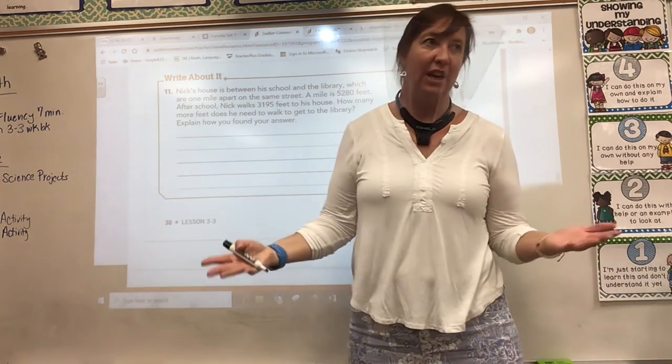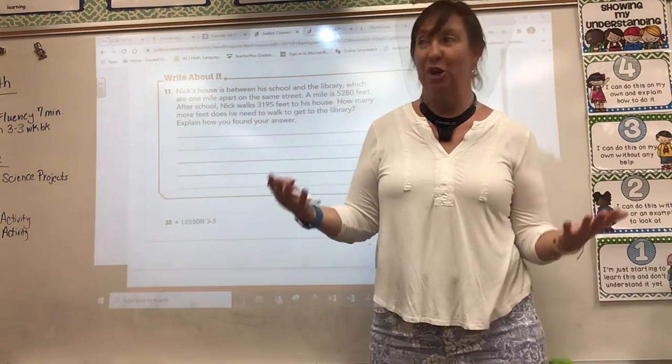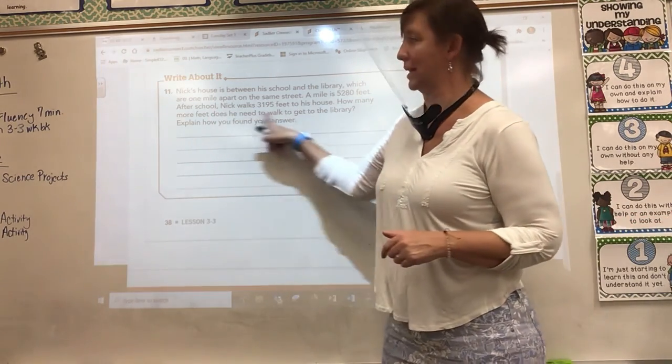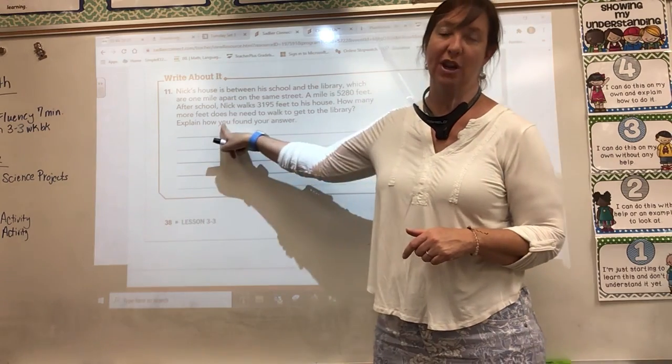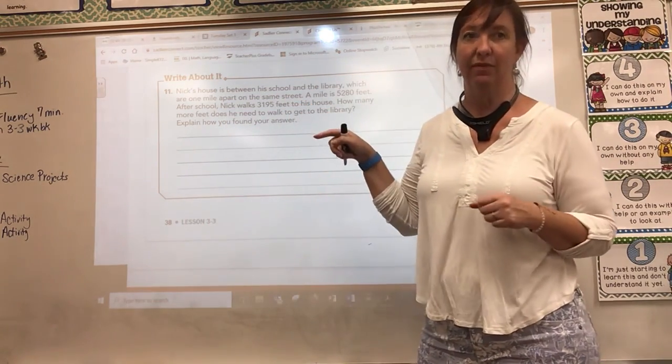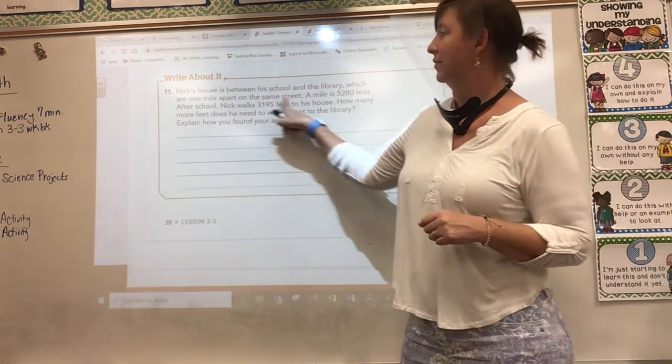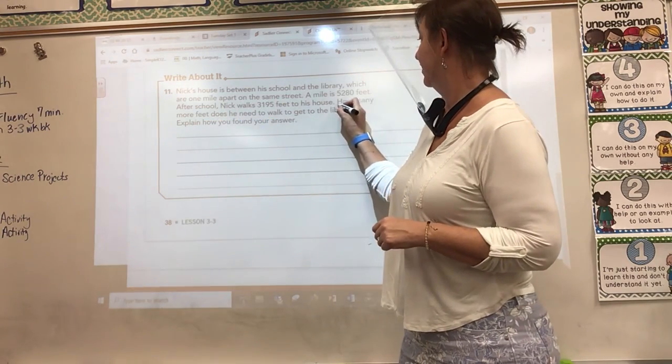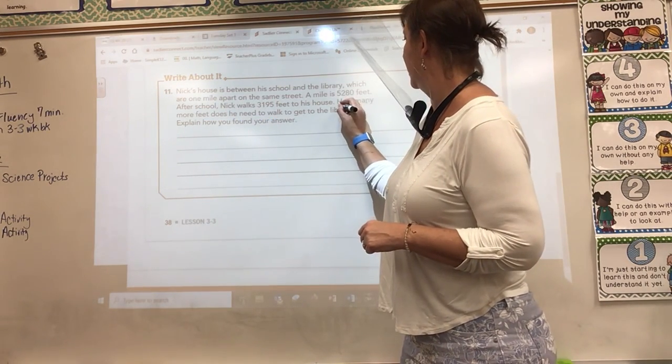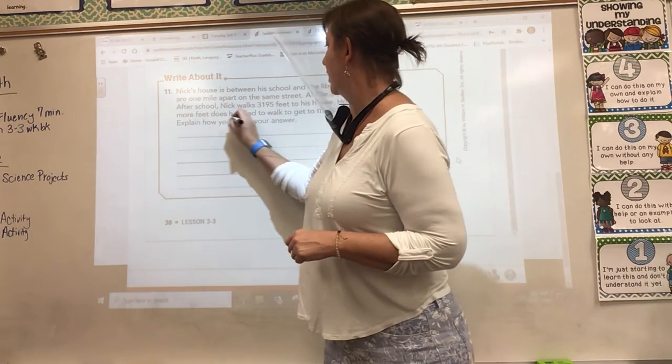So what are we doing on this whole page? Subtraction. What keywords tell me that I'm going to be subtracting in this question? Ari. How many more feet does he need to walk? Very good. How many more does he need to walk?